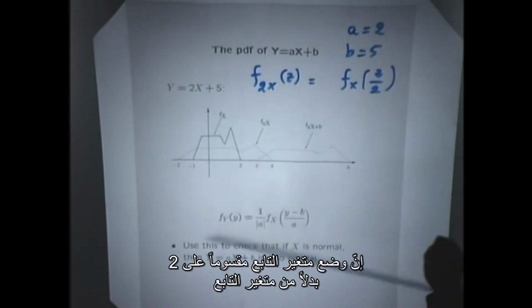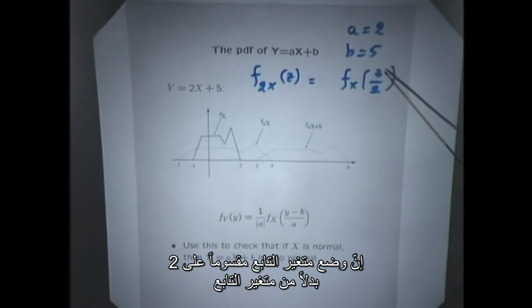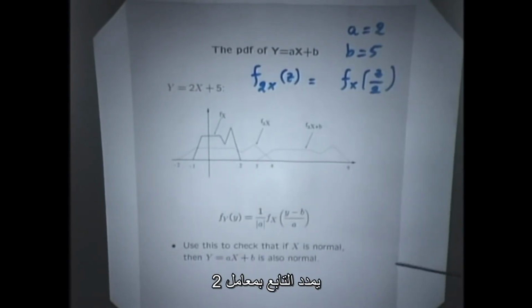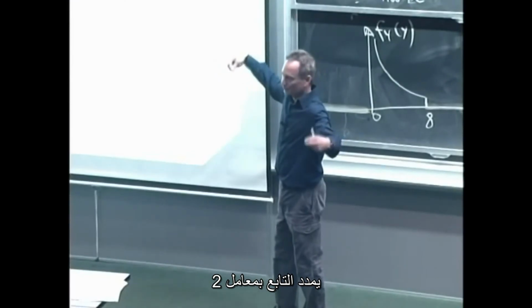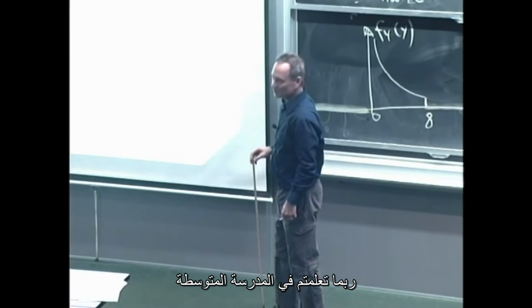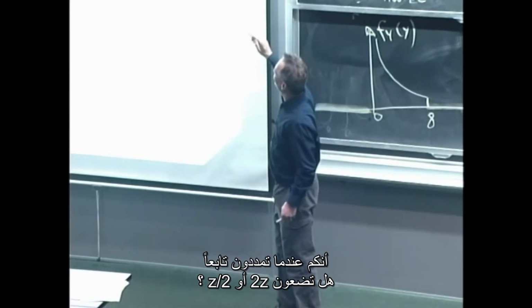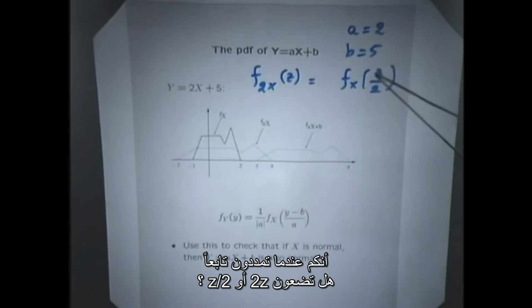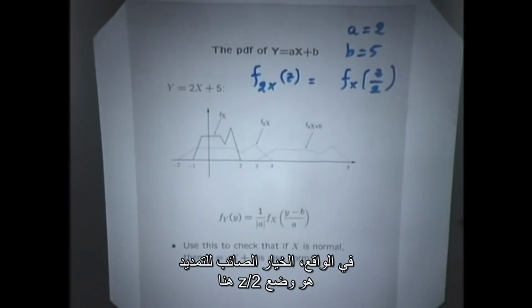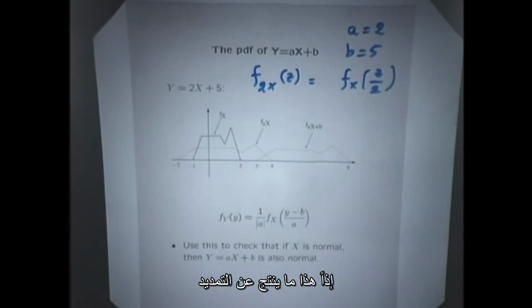So taking a function and replacing its argument by the argument over 2, what it does is it stretches it by a factor of 2. You have probably been tortured ever since middle school to figure out when you stretch a function whether you need to put 2z or z over 2, and the one that actually does the stretching is to put a z over 2 in that place. So that's what the stretching does.